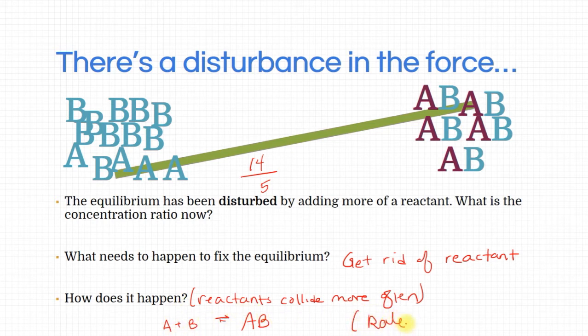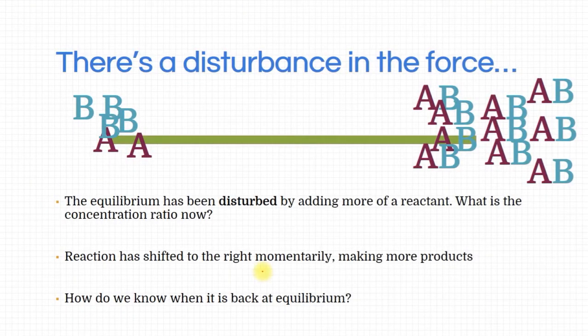What that means is, with a big arrow, we're making a lot more AB than we are A plus B. The rate forward is faster than the rate back, just for a little while, until we get back to a place where we are at an equilibrium again. So for a little while we go fast in the forward direction.